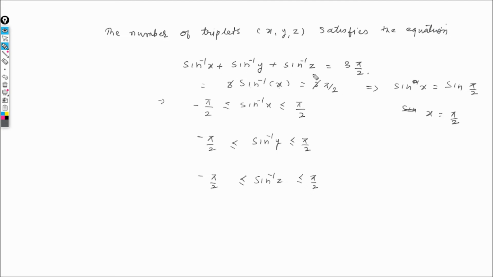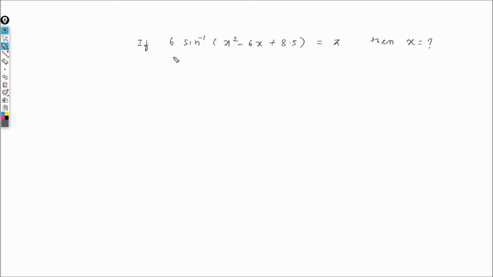That means all these are the same: sine of pi by 2 is equal to 1, so x is equal to 1, y is equal to 1 and z is equal to 1. So this implies there will be one and only one triplet xyz satisfying the equation sine inverse x plus sine inverse y plus sine inverse z is equal to 3 pi by 2. More questions, bachcho, some different question.